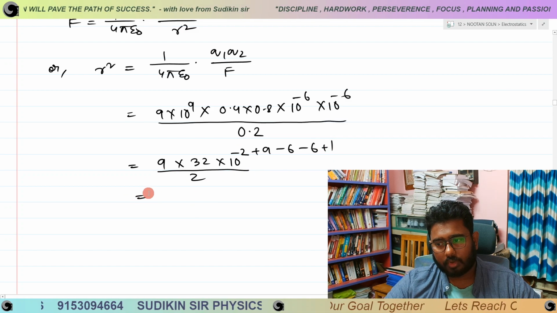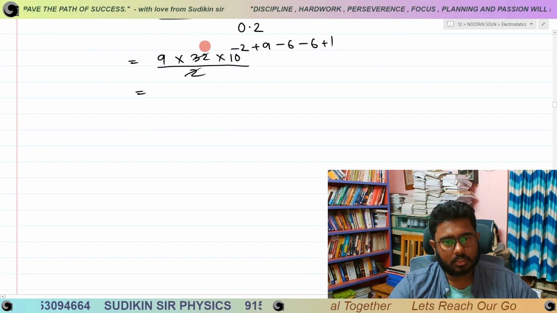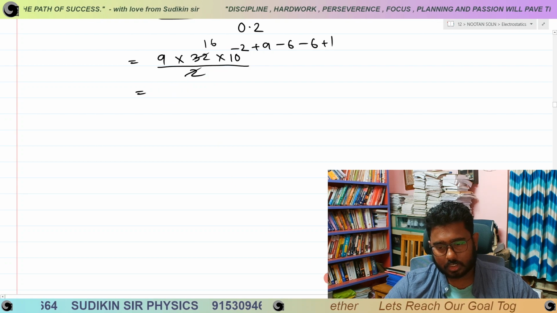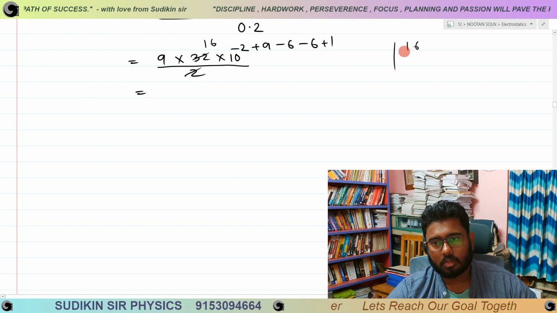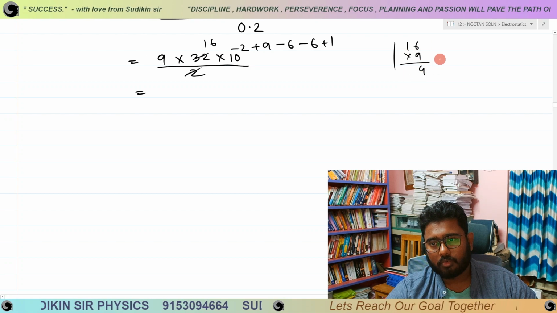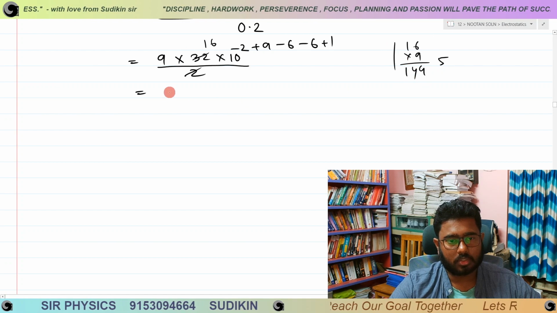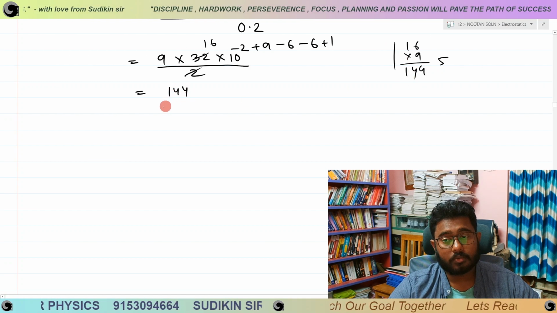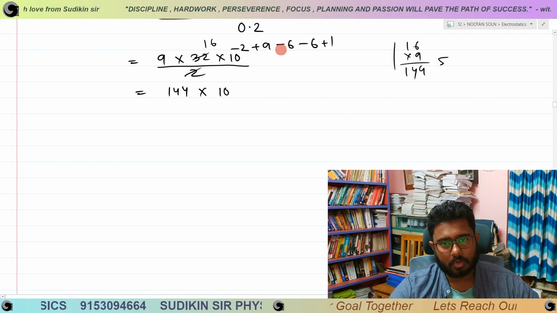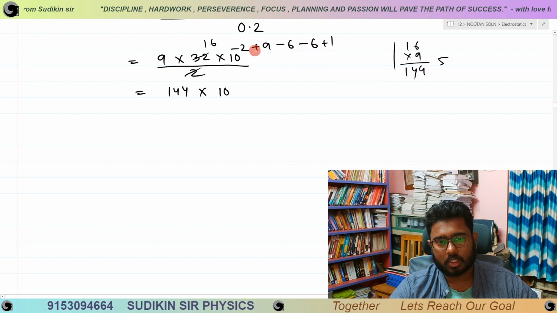So the value will become 16 into 9. 9 6s are 54, carry 5, 9 ones are 9, 9 plus 5 is 14. So that is 144, into 10 to the power 9 plus 1, 10, 6 6s are 12, 12 minus 10 minus 2, that is minus 4.